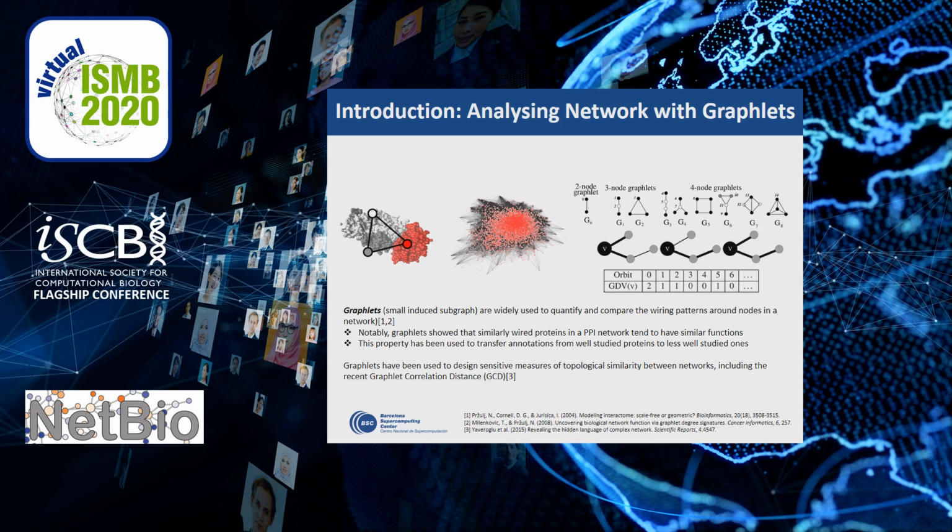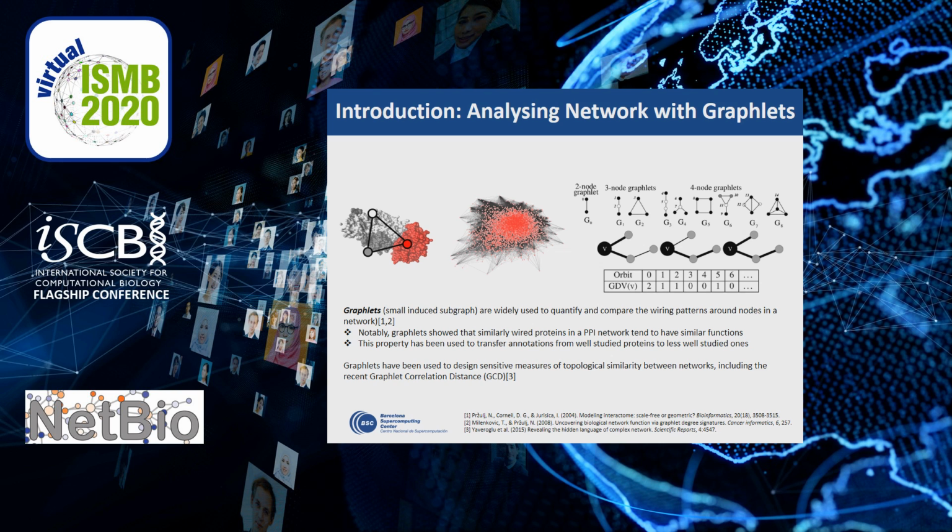Since our chromatin structures are represented by networks, we are going to analyze them with state-of-the-art topological features that are widely used in network biology. And these tools are graphlets. Graphlets are small induced subgraphs that are used to quantify the wiring patterns around the nodes in a network. It's illustrated here on the right, where you can see the 2 to 4 node graphlets.